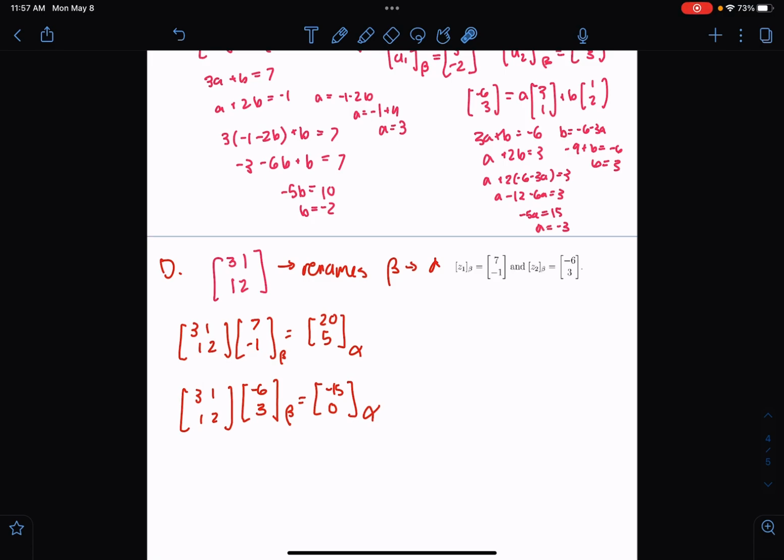And the way we're going to do that is just multiply that renaming matrix times the vectors that were given to get these vectors, which are the answer in the standard basis. So Z1 is 25 in the alpha basis, and Z2 is negative 15, 0 in the alpha basis.